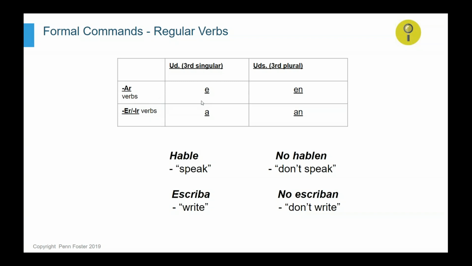So with AR verbs, you have an E or EN, and with ER and IR verbs, A or AN. So our example here, hablar, if you say hable, means speak, or no hablen, don't speak. With the second verb, it's an IR verb, escribir. So escriba means write, and no escriban, don't write.